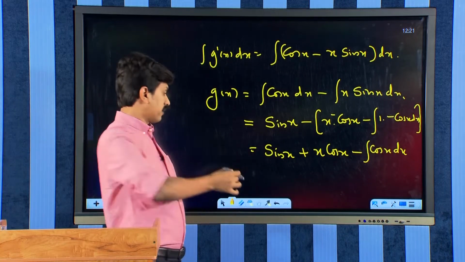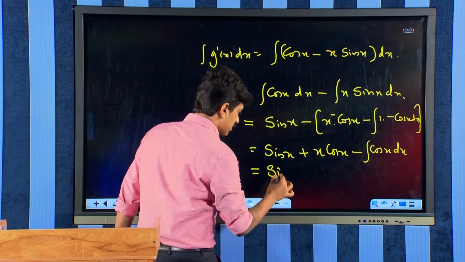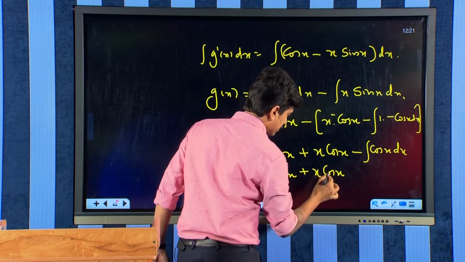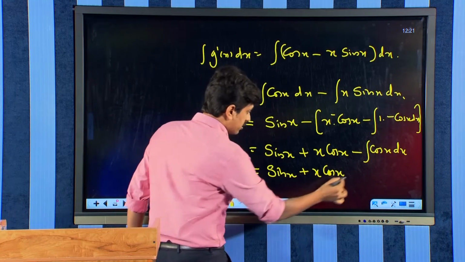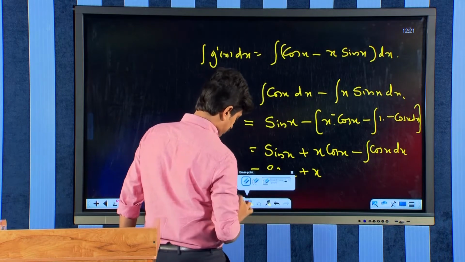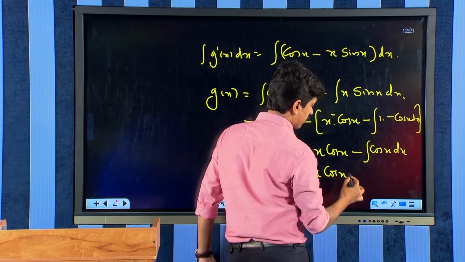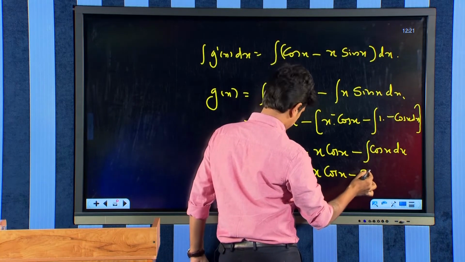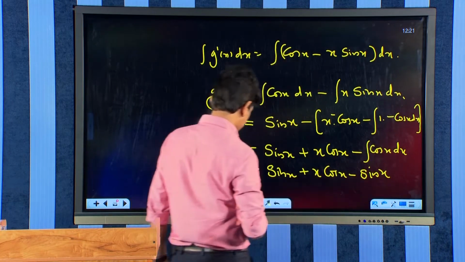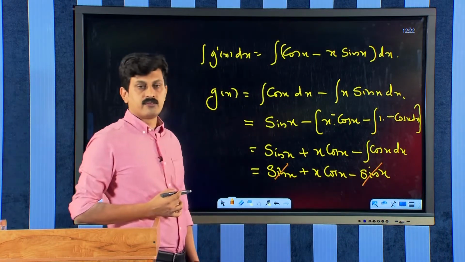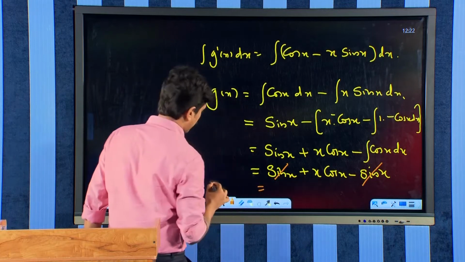So finally, we will have sin x plus x cos x, and minus the integral of cos x is minus sin x. Therefore, we can cancel this sin x and this sin x.